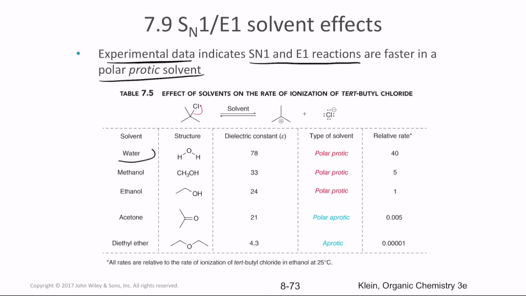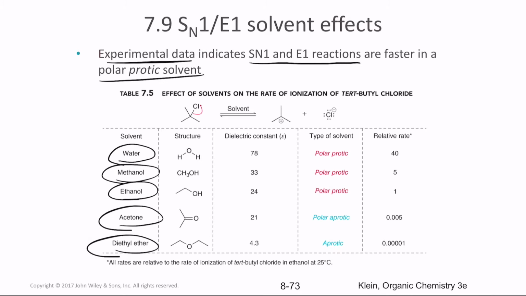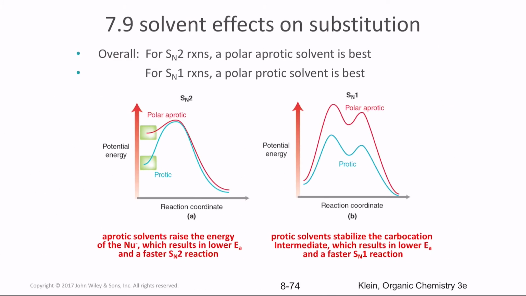Molecules like water, methanol, ethanol, acetone and diethyl ether are common solvents. Acetone and diethyl ether are polar aprotic solvents, so they do not have any protons to donate, but water, methanol and ethanol are polar protic solvents that generally undergo a good amount of SN1 and E1 reactions.